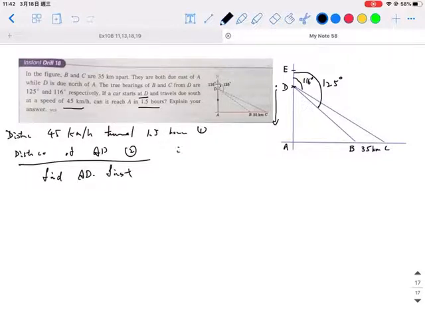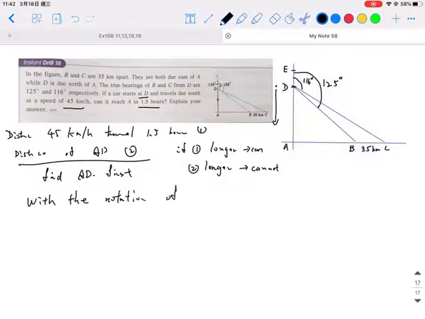So if I write down, if 1 is longer, that means can. If 2 is longer, that means cannot. Okay, so I wrote with the notation of the graph, of the figures.